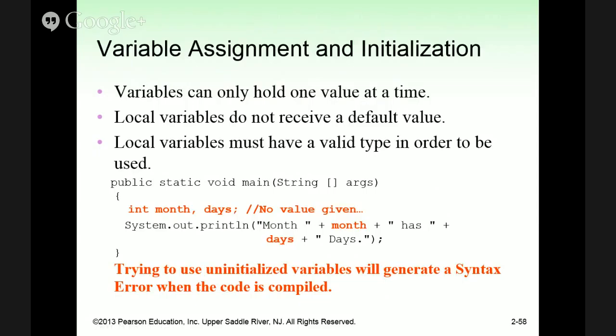They're never given initial values. And then we try to display them, but guess what? Java doesn't know what to display because these variables don't have values. So you would get an error message. This program would not run. Okay? So you need to be aware of that. When you're creating and using your variables, they have to be both declared and initialized before you can do anything with them.